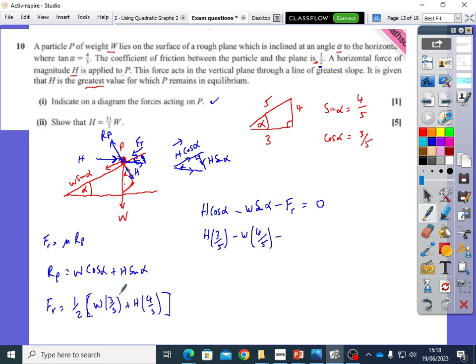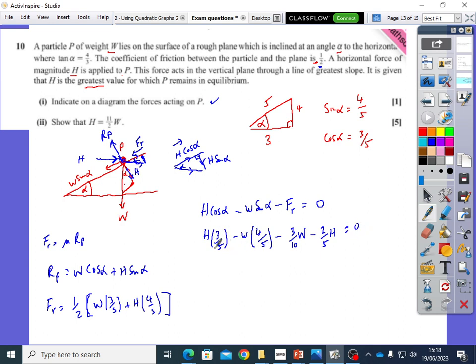and friction is going to be half of that. So half times that, so 1 times 3 is 3, 2 times 5 is 10, W, minus, and that becomes a minus half times that, so that's going to change into 2 over 5, that's going to be times by that H, that's going to all equal to 0.